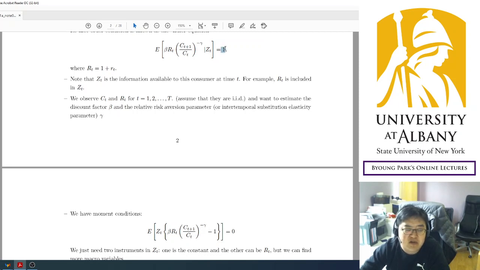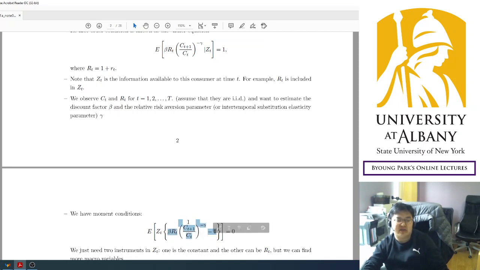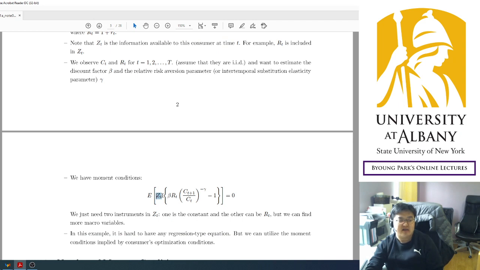If you have utilized all the possible information in z, then the deviation should be uncorrelated with the information. So the deviation must be coming from some unexpected information, an unexpected shock, which is not included in the information z. So exactly this is the instrument we need.